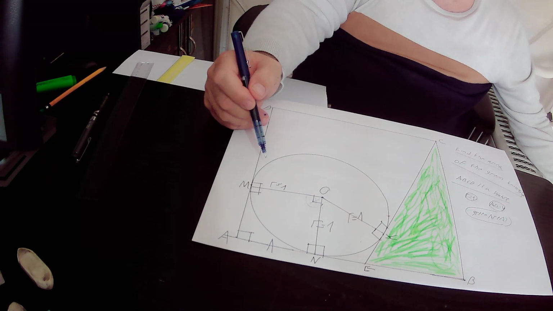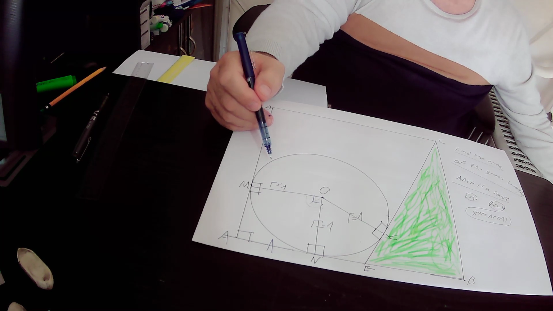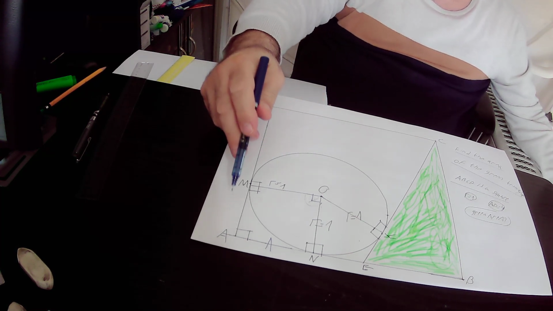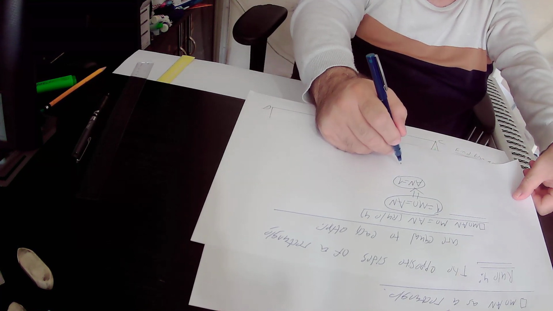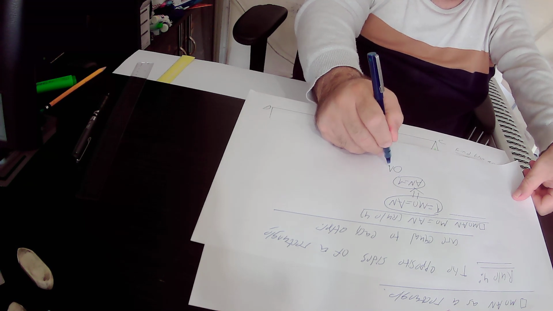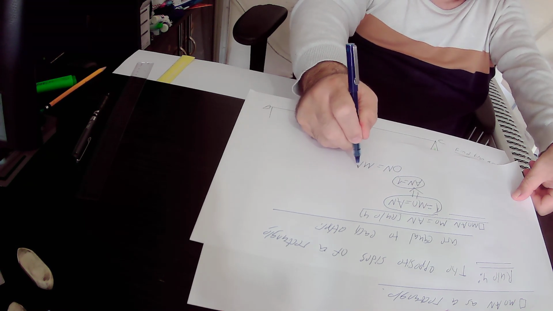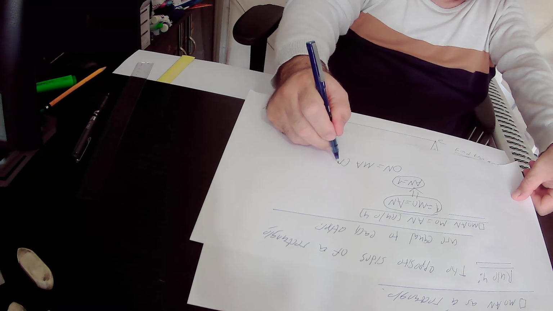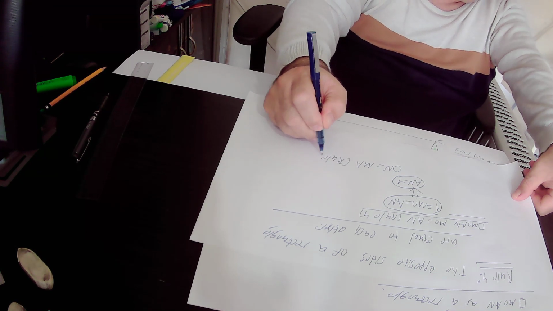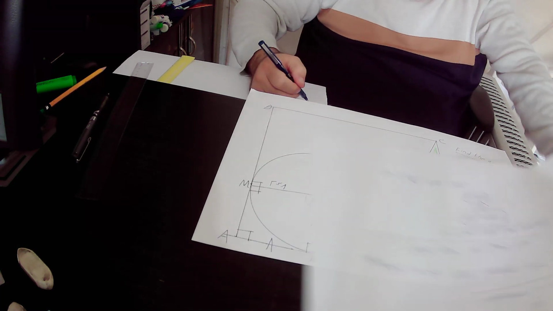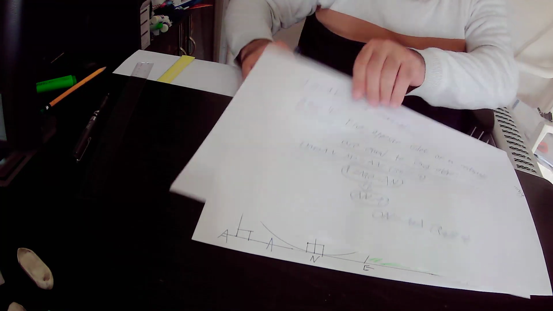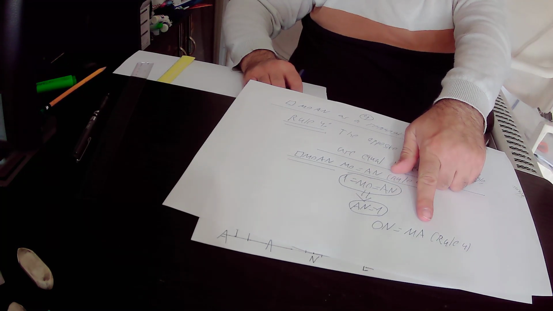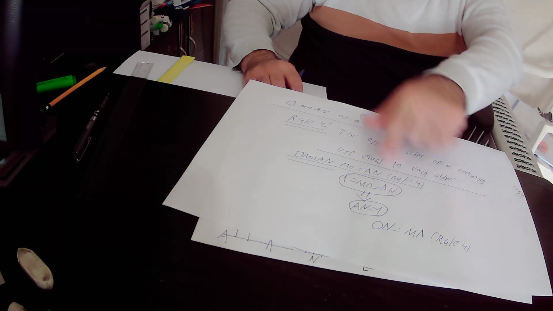Likewise, according to rule number 4, ON equals MA. Again, ON equals MA because there are two opposite sides and they are equal to each other according to rule number 4.